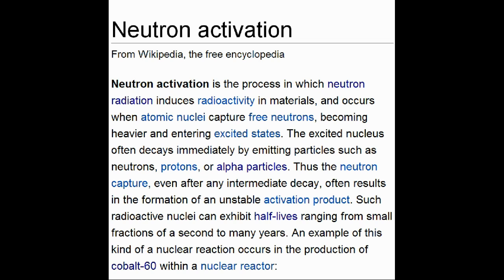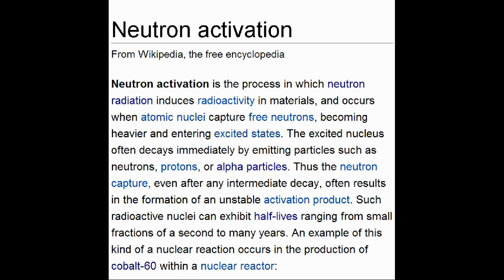Neutron activation is a process in which neutron radiation induces radioactivity in materials, and occurs when atomic nuclei capture free neutrons, becoming heavier and entering excited states. The excited nucleus often decays immediately by emitting particles such as neutrons, protons, or alpha particles.